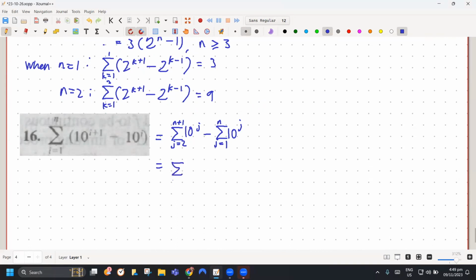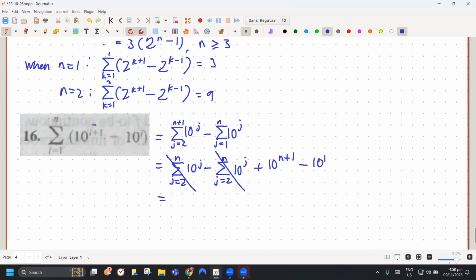So, ito pa yung common. 2, N. Ayun lang pala.